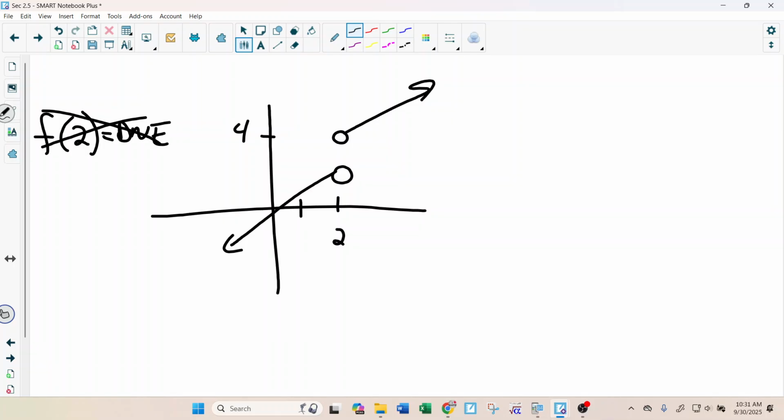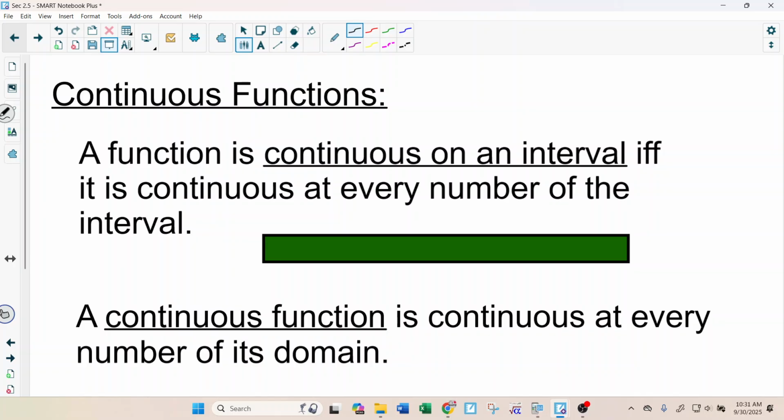So is it continuous at all the points in the domain? Yes, so that's a continuous function. Is it continuous on the interval from 1 to 3? No, because 2 is where the break is. So that's the difference between these two definitions. This one is all about its domain. So if it's not in the domain, you don't have to worry about it.